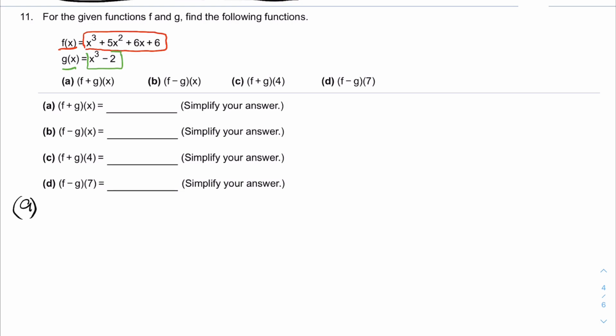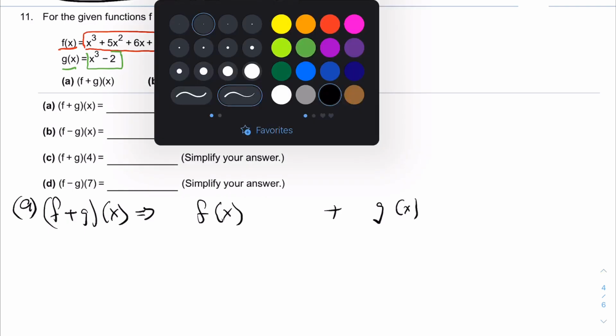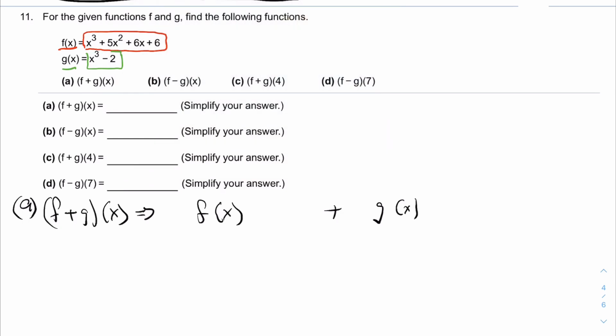But this is a, and this says f plus g of x. Remember, we prefer to write it as f of x plus g of x. And we can see that this is going to result in this polynomial plus another polynomial.